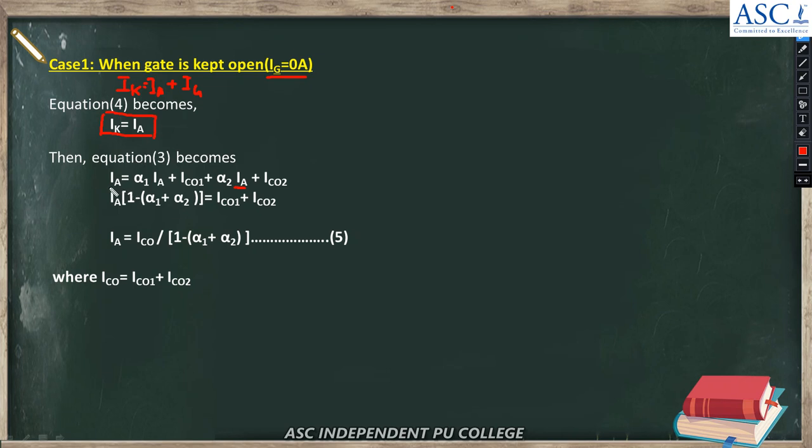Now take IA common on one side: IA times 1 minus (alpha 1 plus alpha 2) equals the remaining terms, ICO1 plus ICO2. So IA equal to ICO1 plus ICO2 divided by 1 minus (alpha 1 plus alpha 2), where ICO is nothing but ICO1 plus ICO2.